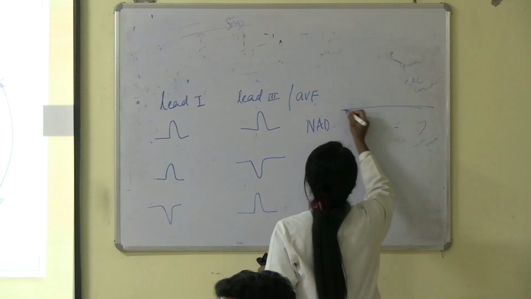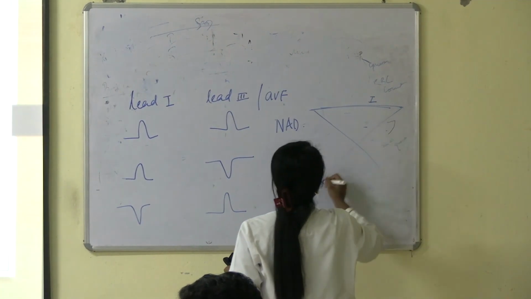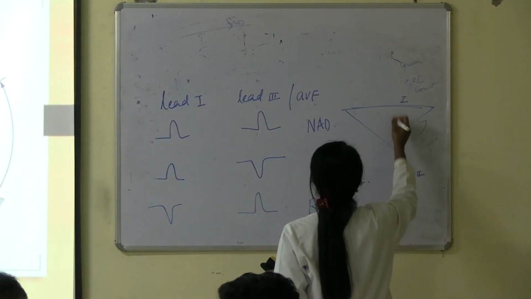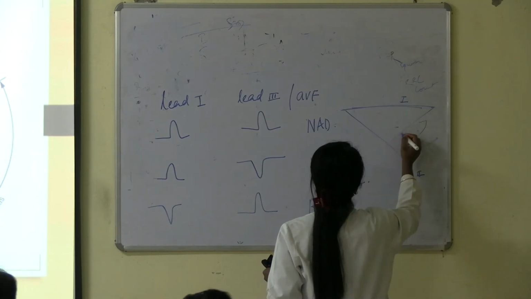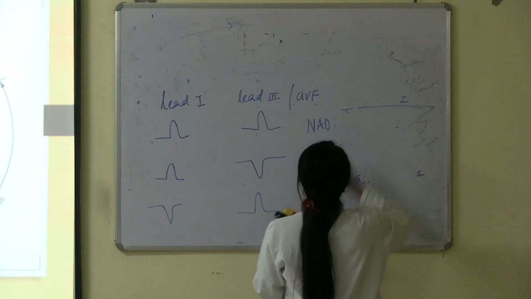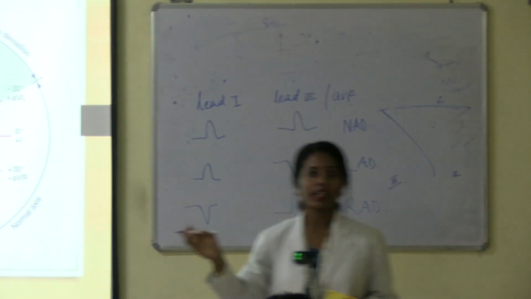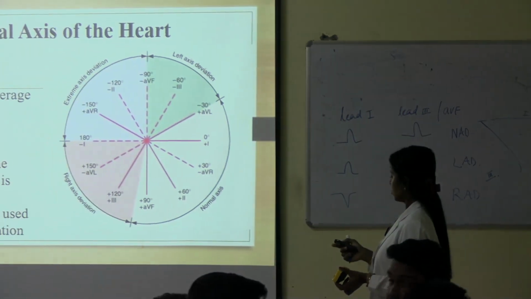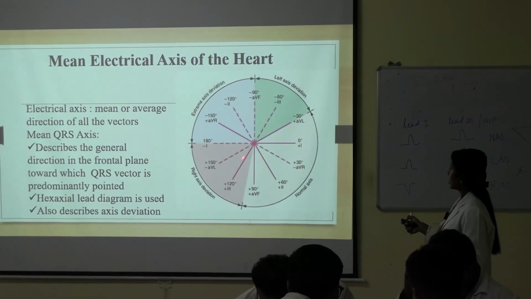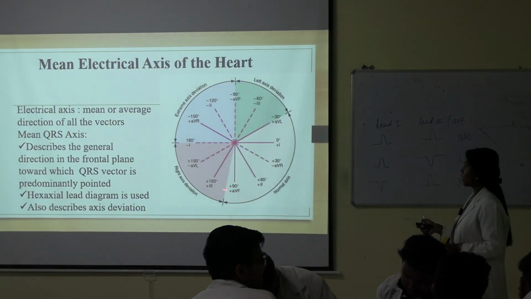So what is Einthoven's triangle? That will be lead 1 plus lead 2 plus lead 3 equal to 0. Then this will be lead 2, lead 3, right? So you know Einthoven's triangle, right? So this will be your lead 1, then lead 2 and that is lead 3. In between lead 2 and lead 1 we have AVR, then we have AVF.